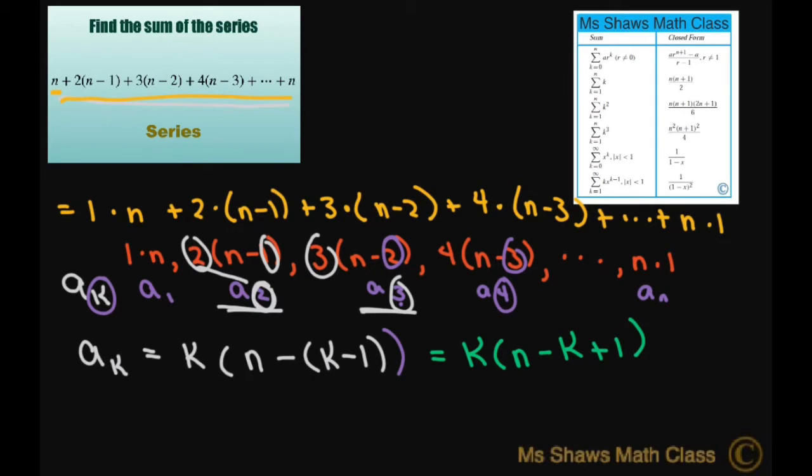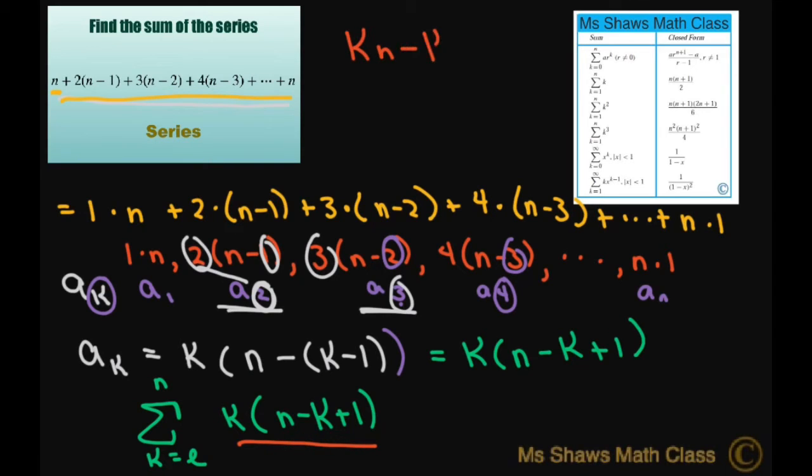All right. Now, that means we're going to write this as the sum from k equals 1, or anything, you could do anything, to n of k times (n minus k plus 1). Now, I'm going to distribute this out. This would be kn minus k squared plus k. So what I want to do is group these two together, kn plus k, and then minus k squared.